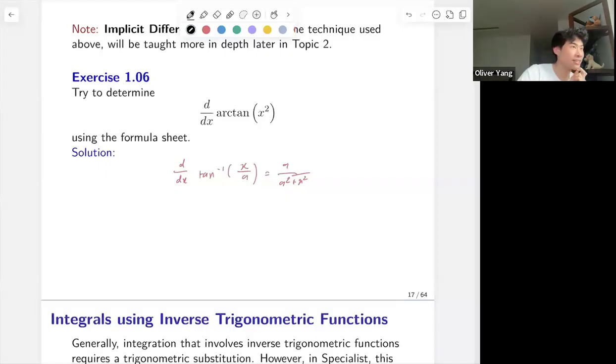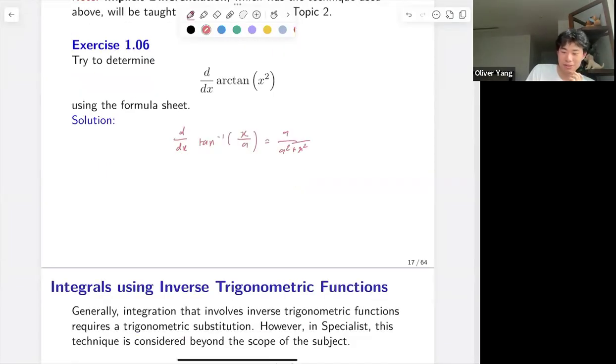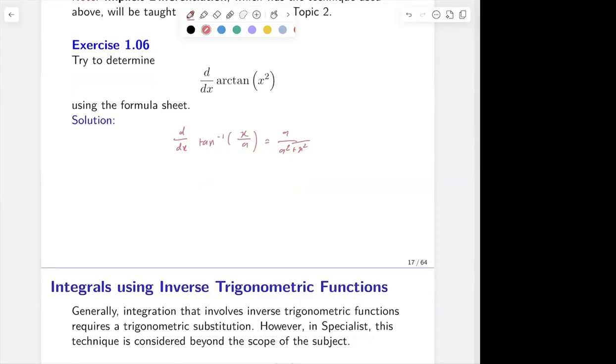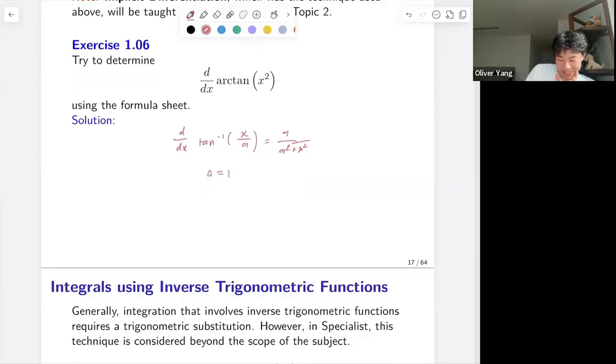So how are we going to do this? Anyone want to have a go? Want to call out what might be the first step? A is just going to be 1. Yep, A is 1. Cool.